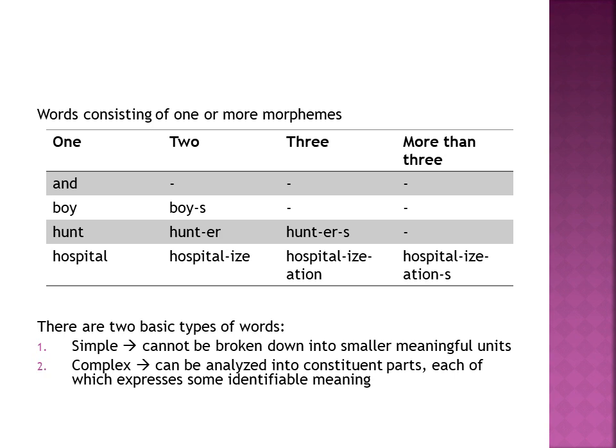S, of course, has the plural meaning: hunters, more than one person who does the hunt. Okay, one more. Complex here can be analyzed into constituent parts, each of which expresses some identifiable meaning.